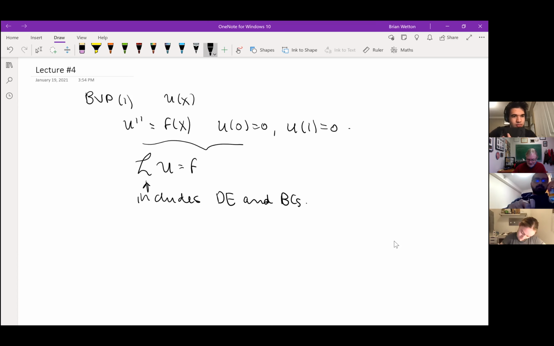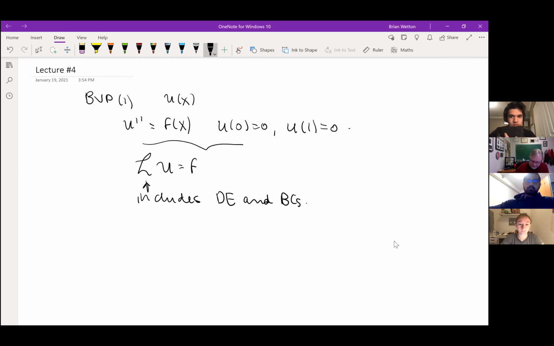So that's a matrix A times a vector U is a vector F. And there is this nice way of solving that problem when the matrix A is symmetric and there is a basis of orthogonal eigenvectors. And we went over that in the first lecture. And we showed that this L is symmetric in an inner product. So it has orthogonal eigenfunctions, and we can do the solution in the same way.